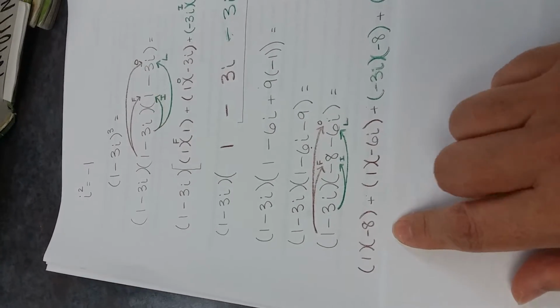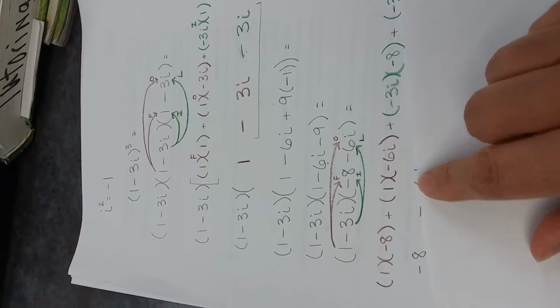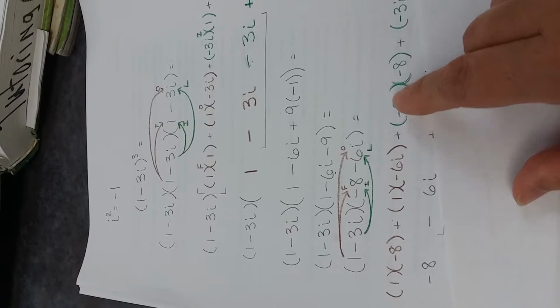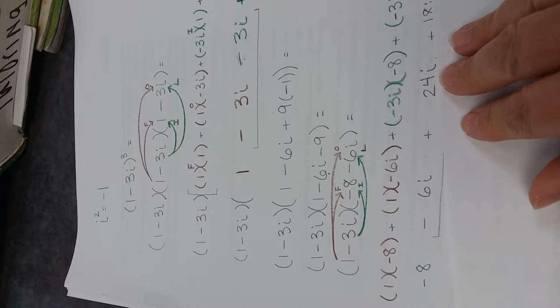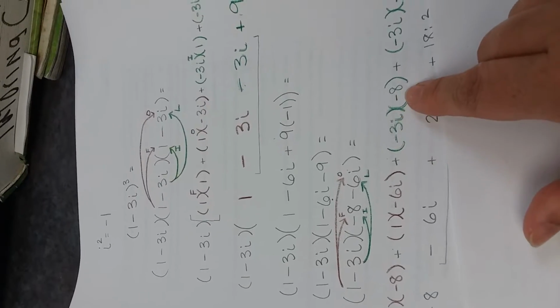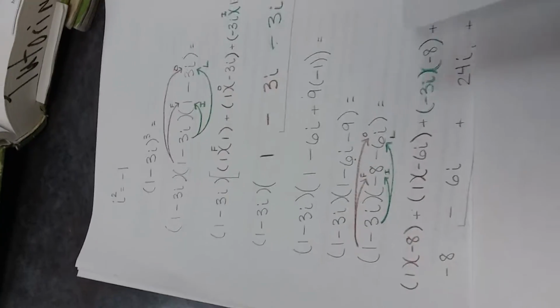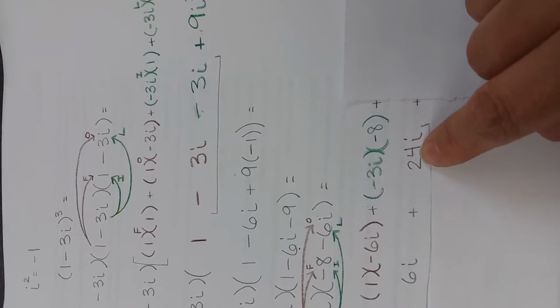1 times negative 8 is negative 8. 1 times negative 6i is negative 6i. Negative 3i times negative 8 is a positive 24i. So negative times negative is positive, 3 times 8 is 24.